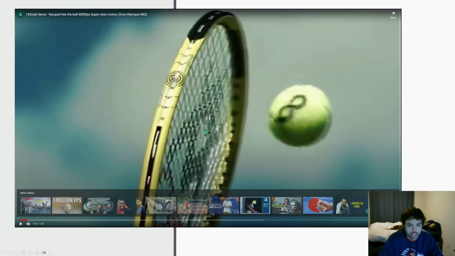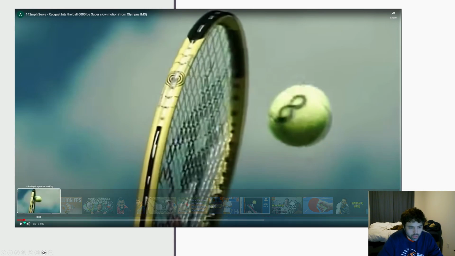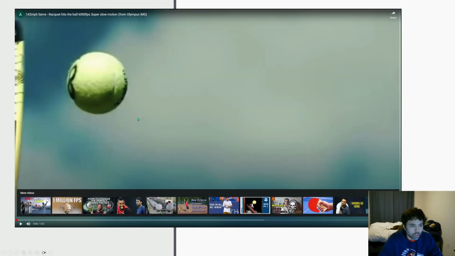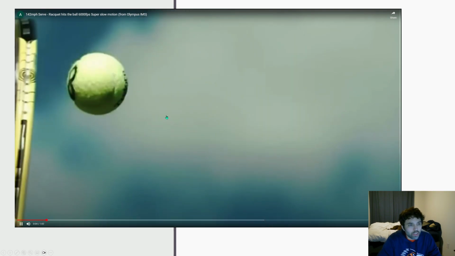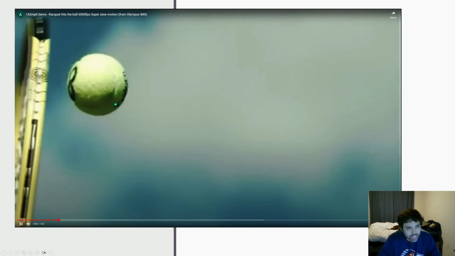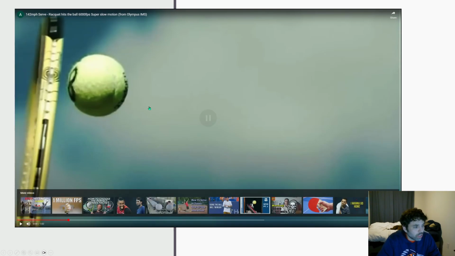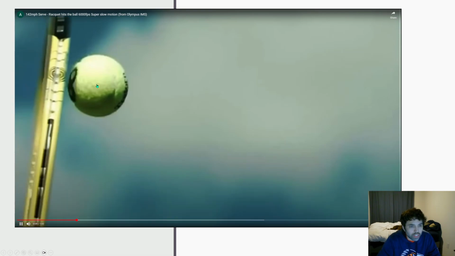When we look at this tennis racket hitting this tennis ball, we're going to notice that the moment they come into contact, some interesting things happen. This is super slow motion. As soon as the racket makes contact with the tennis ball, watch the tennis ball's center of mass, where my mouse is. It actually doesn't move right away. As soon as it makes contact, right here, the center of mass isn't moving.